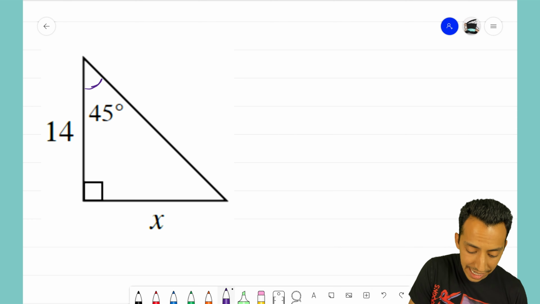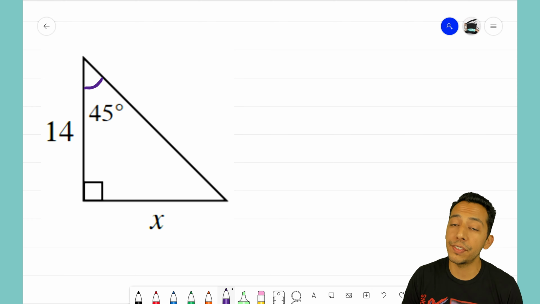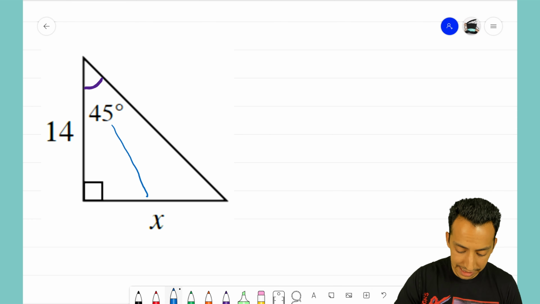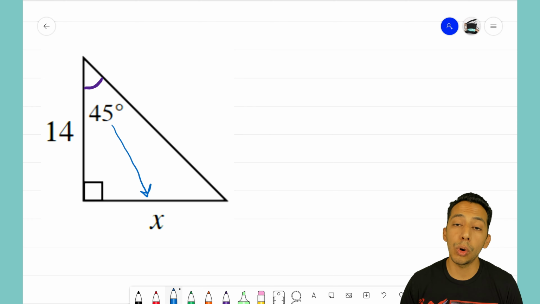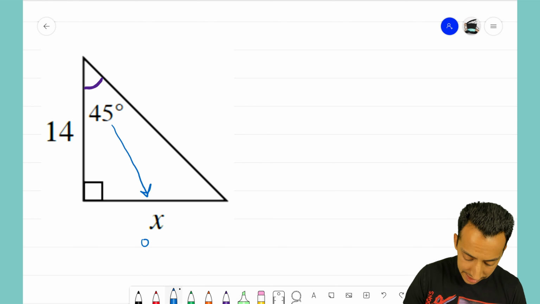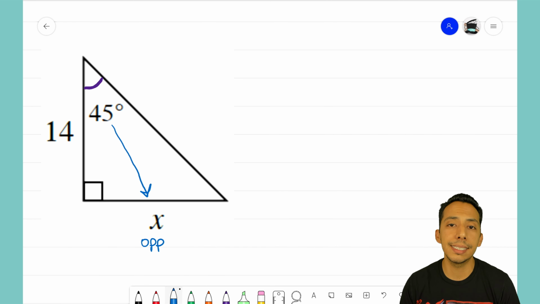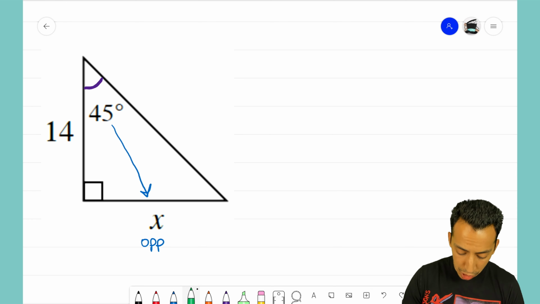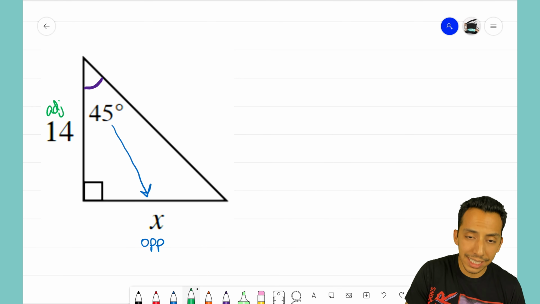We do know that we have this angle at the top that's labeled as 45 degrees. That is our reference angle. And I notice that I have this side here that's 14. Now notice that x is the side that is across or opposite of our reference angle. So x in this case is going to be our opposite side. 14 is the side next to our angle, so I'm going to label that as the adjacent side.